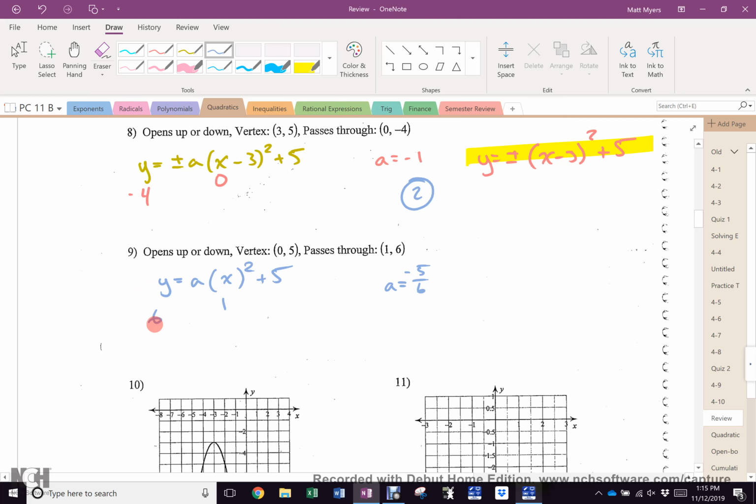No, 6 minus 5. Just 1. So a equals 1. But as Preston says, if my vertex is 0, 5, it's up here. And if it's going through 1, 6, it's got to be a positive 1. So it would be y equals x squared plus 5.